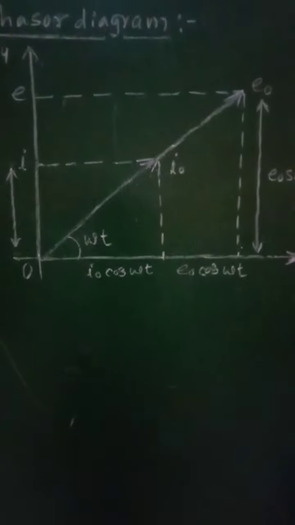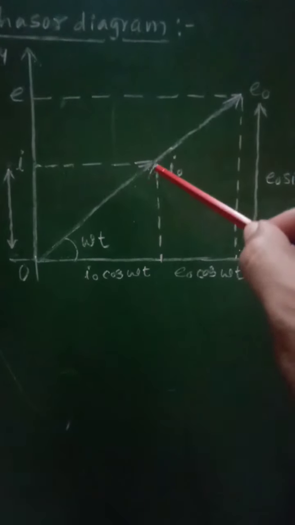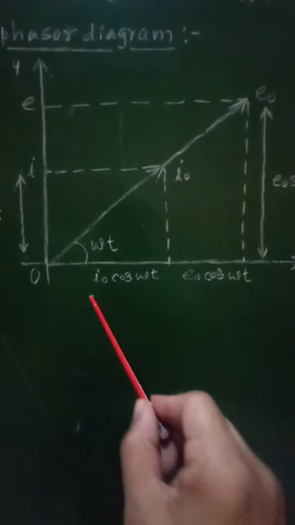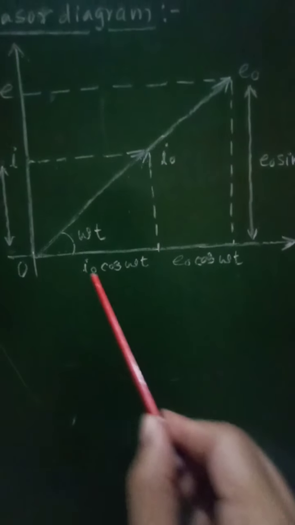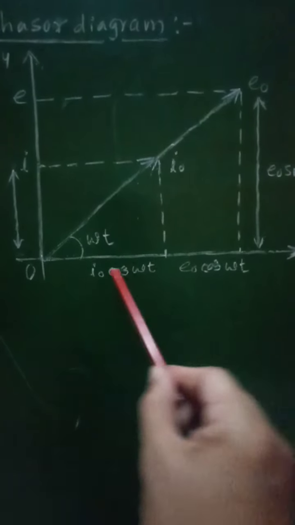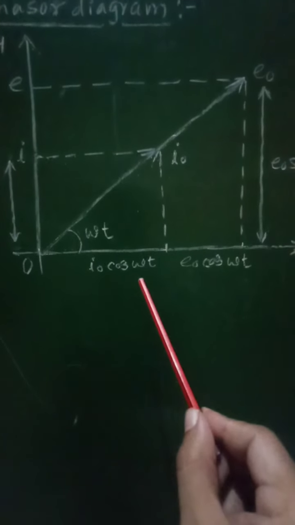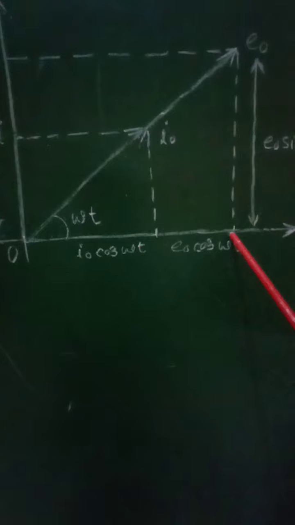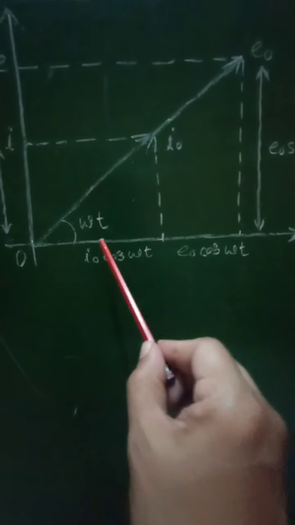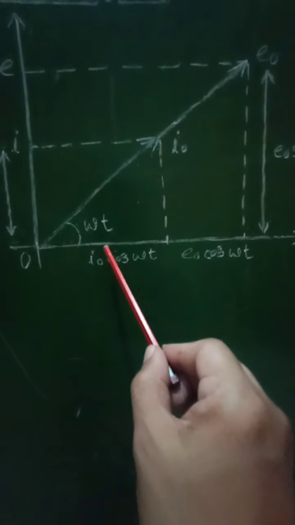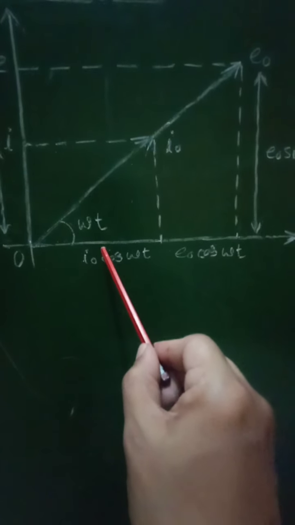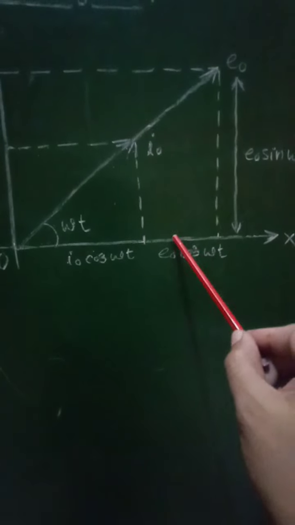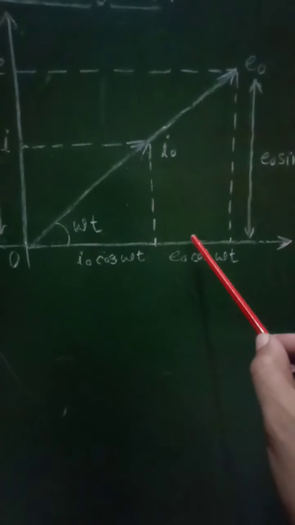Similarly, we can show the cosine form by drawing the projections or perpendiculars on the OX axis. This portion represents I0 cos omega t, and this portion represents E0 cos omega t, again the instantaneous values of current and EMF but in cosine form.